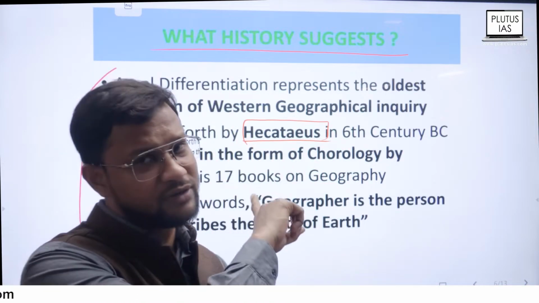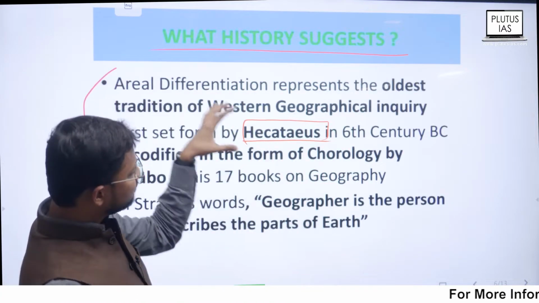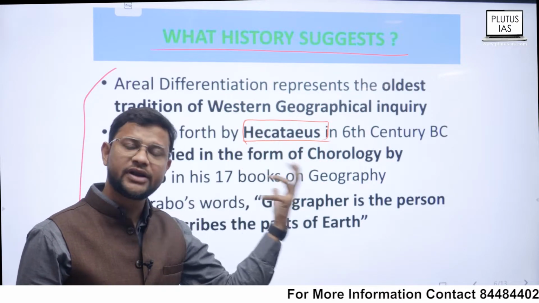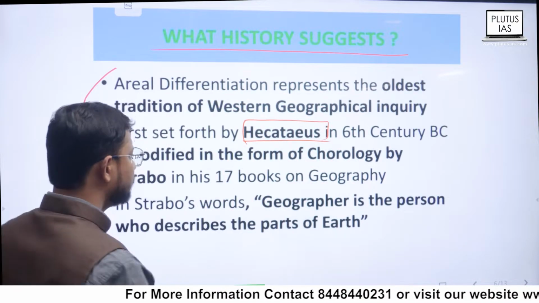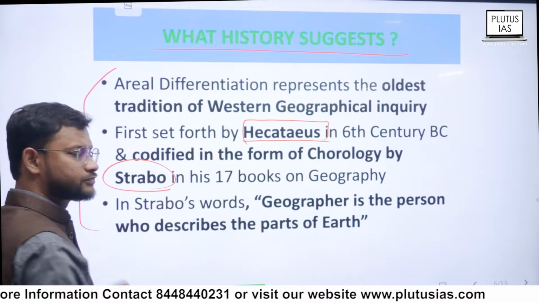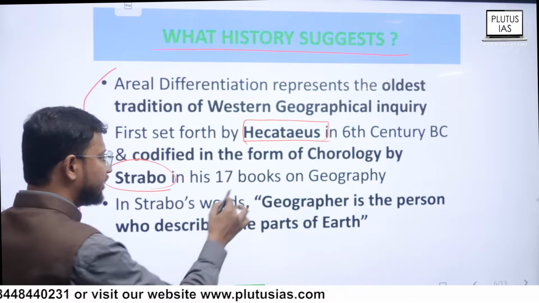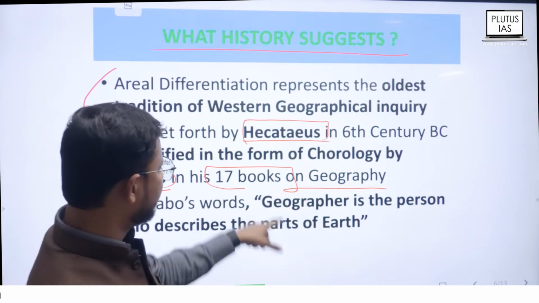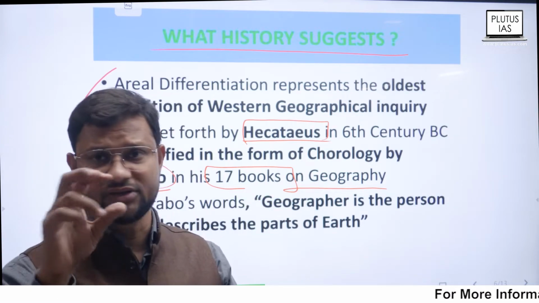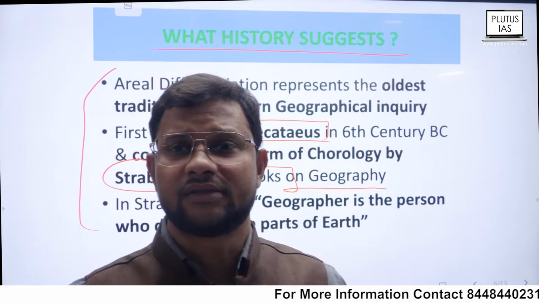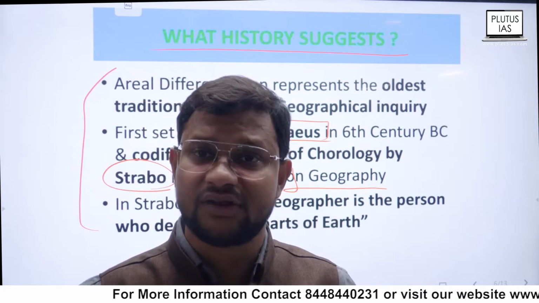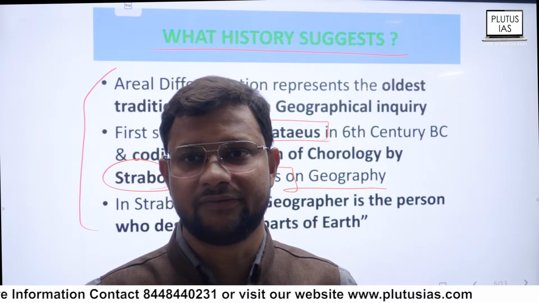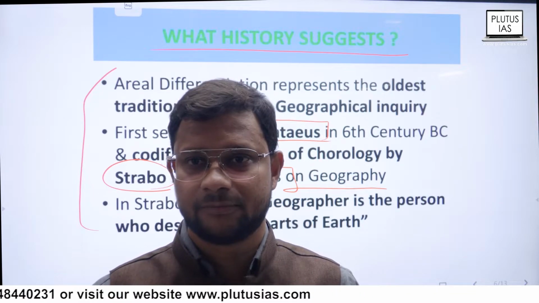Though the name was coined later, this kind of branch was already in existence. Even Strabo, the Roman, wrote 17 books on geography, and one of the references in this book is for regional geography and this differentiation approach, areal differentiation, as it was later to be called.